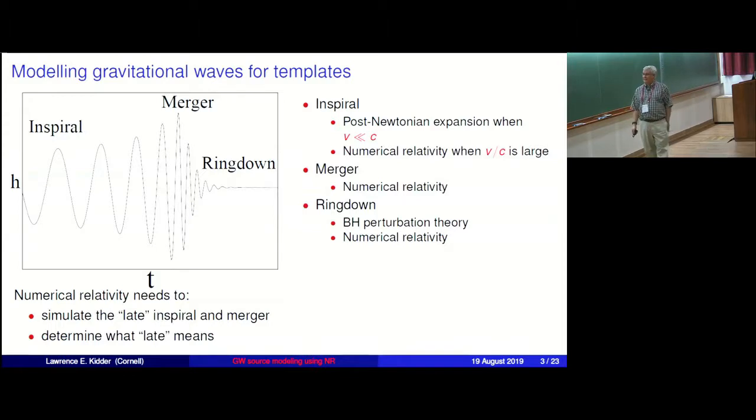So numerical relativity needs to simulate the late inspiral and merger, and more importantly, it needs to actually determine what late means, that is where the post-Newtonian approximation breaks down, because numerical simulations take weeks to months to perform as opposed to using analytic waveforms. And so we need to use numerical relativity wisely to inform gravitational wave models that are built on top of the post-Newtonian approximation.